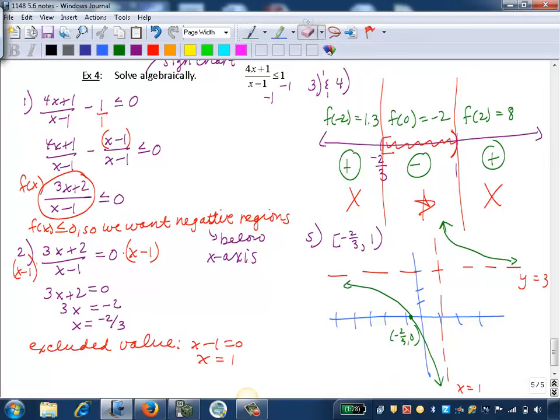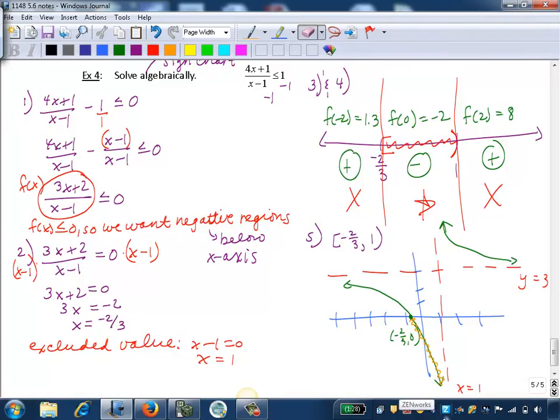So our solution to this inequality is the negative regions, where the graph falls below the x-axis. So we can see this piece right here is where the graph falls below the x-axis. So we can see that's from negative 2/3 all the way to 1, and we've got that vertical asymptote bounding it right here.